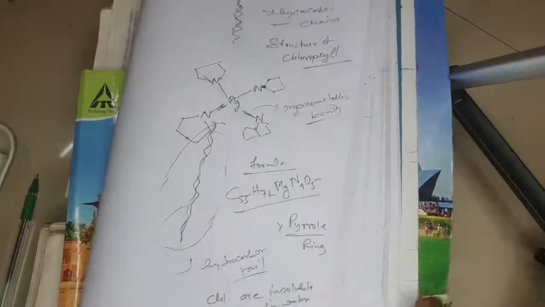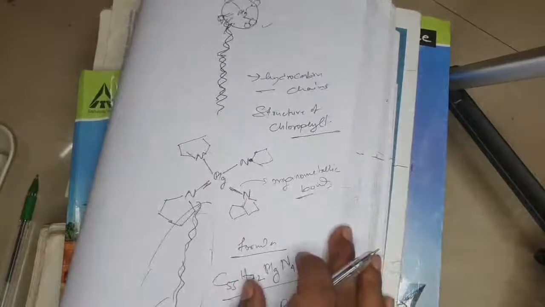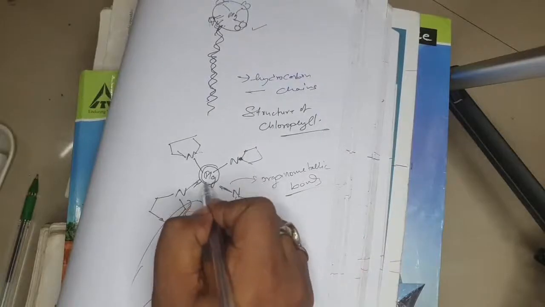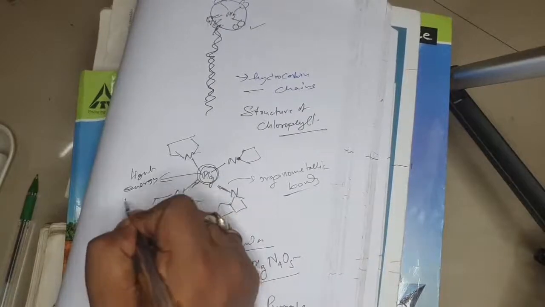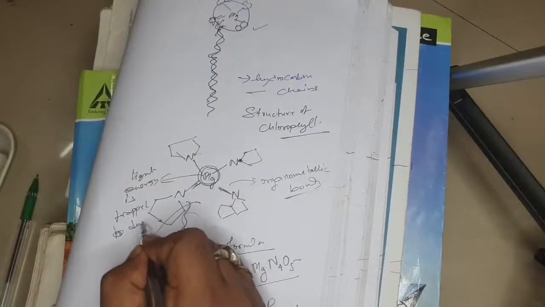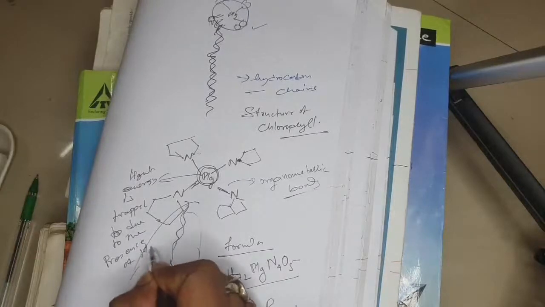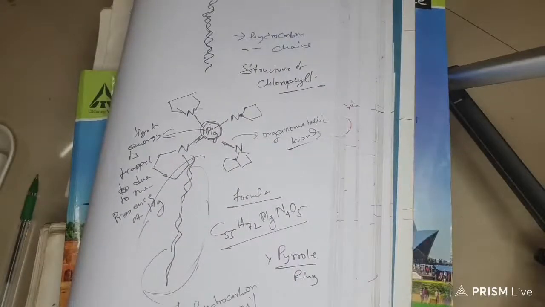We understand that chlorophyll is the one which traps light energy, and the light energy is trapped due to the presence of magnesium. And also it forms a mat-like structure.